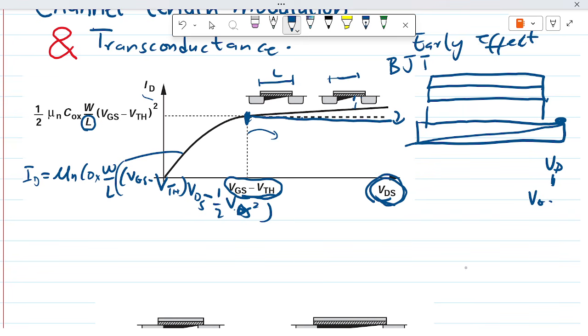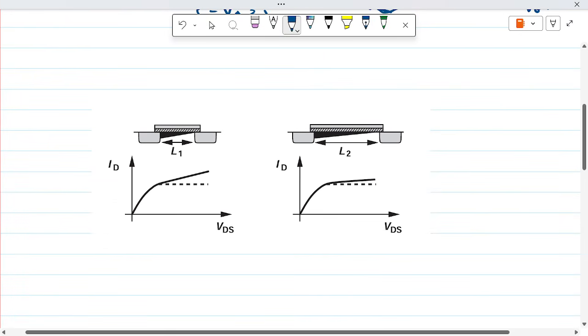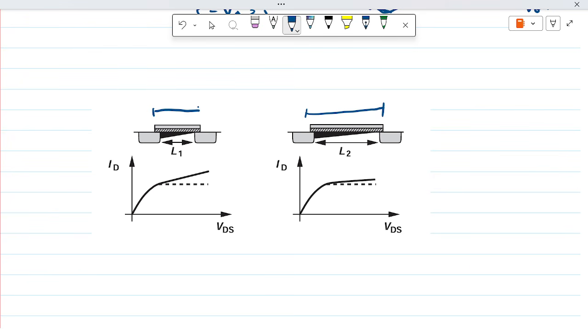So assuming the original length is relatively longer, a change in the channel length would affect the IDS less as compared to a shorter length.